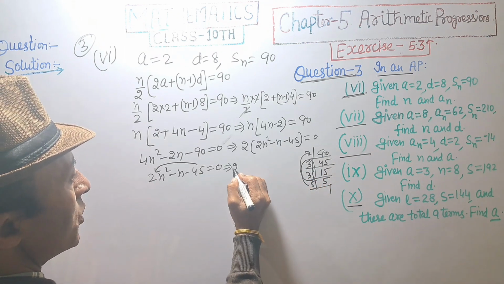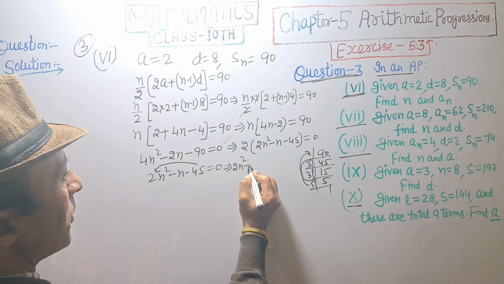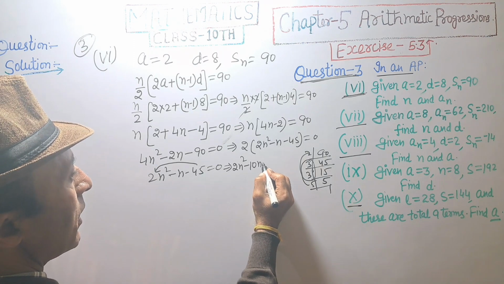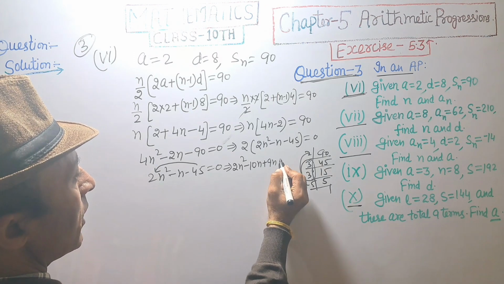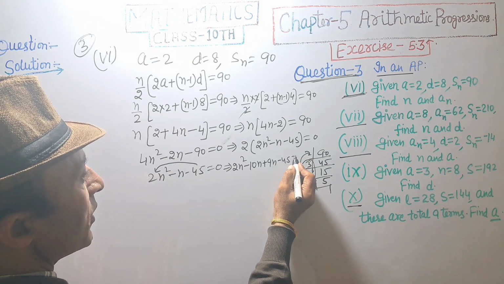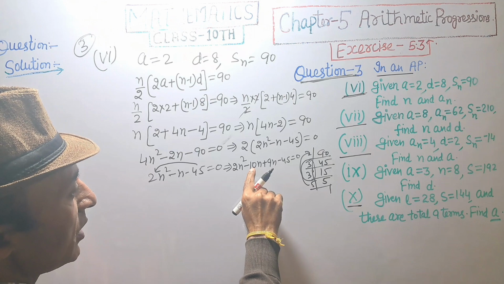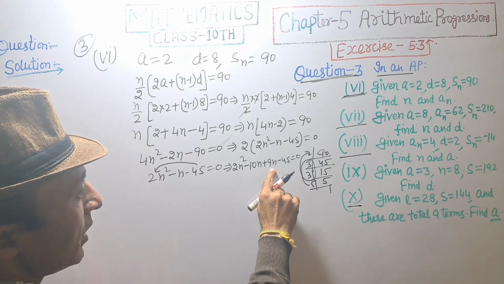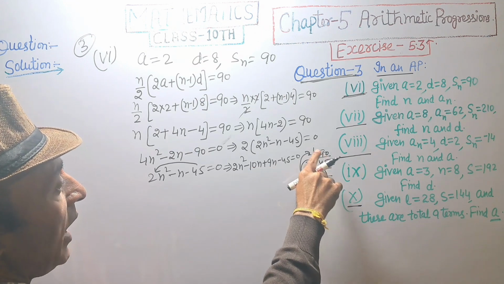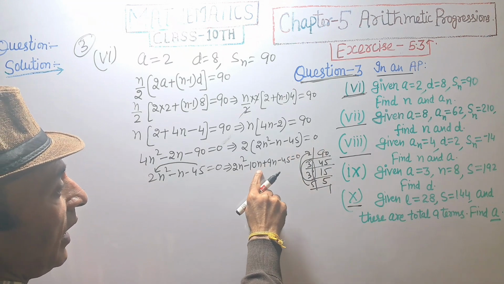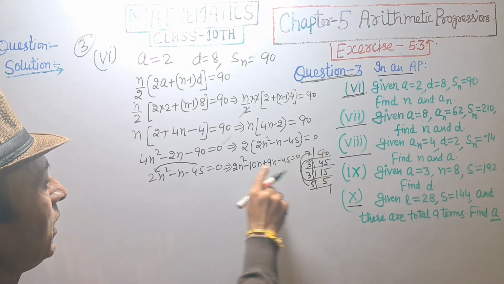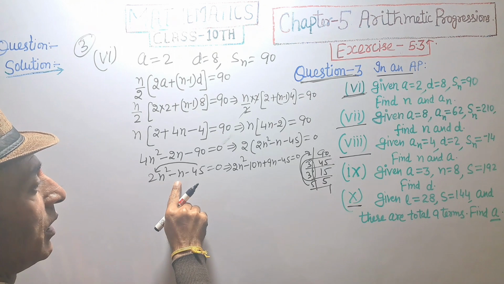This implies 2n square minus 10n plus 9n minus 45 equal to 0. When we multiply 10 into 9, it gives 90n square, and 10n minus 9n, that is n.